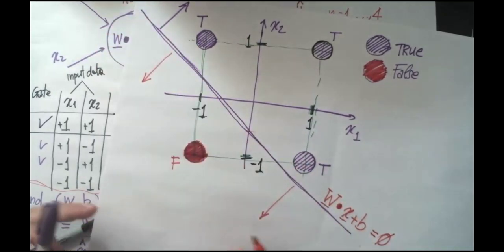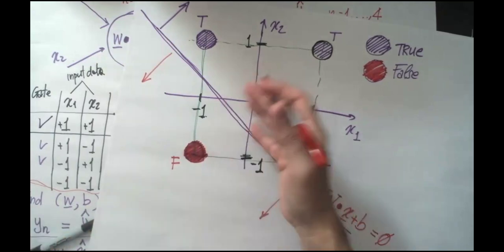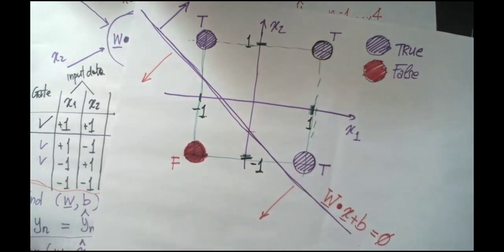So basically, this problem, the OR gate, can be modeled with a perceptron, and the solution is geometric. That's what it means.